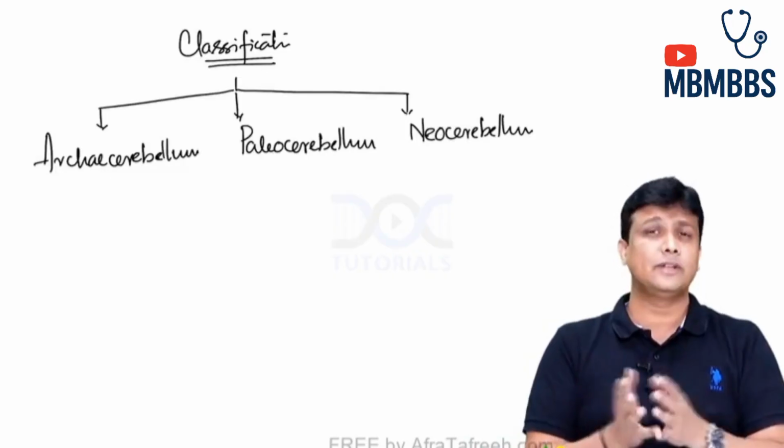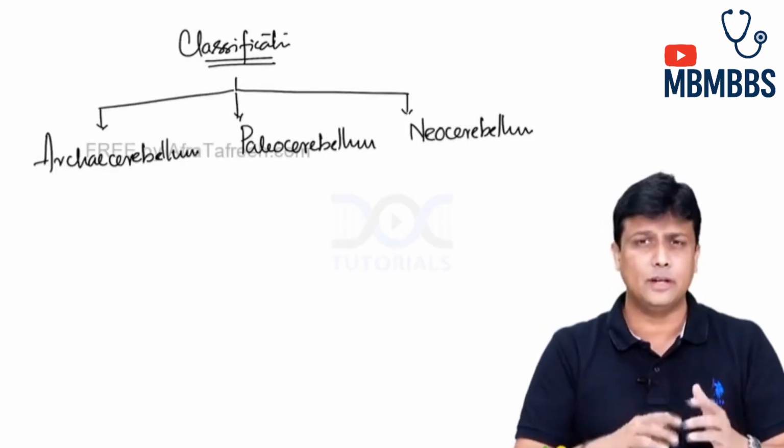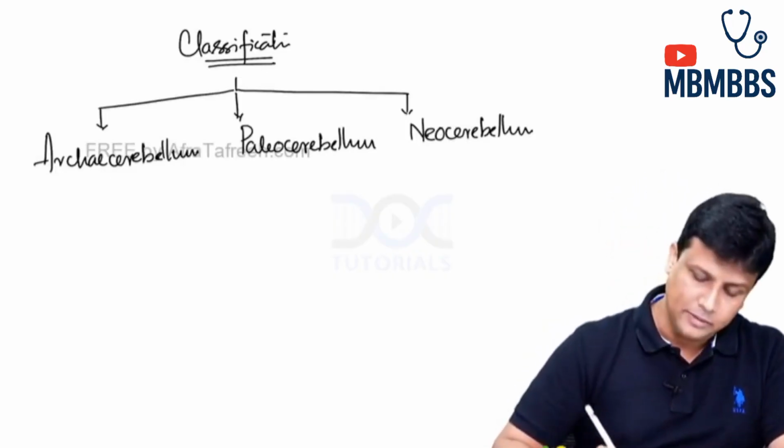The name itself tells you that the archicerebellum is nothing but the oldest part of the cerebellum. I think it is very simple to remember with the names themselves: the archicerebellum, the paleocerebellum and the neocerebellum part. Then remember another name also.